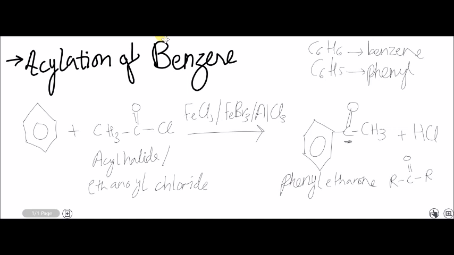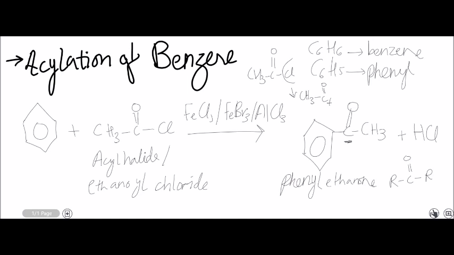And in this reaction, the electrophile is going to be this. We have CH3 bonded to C double bond O Cl, right? And then this chlorine is going to leave. So we are going to be left with CH3 C double bond O, and this carbon is going to turn into a carbocation.